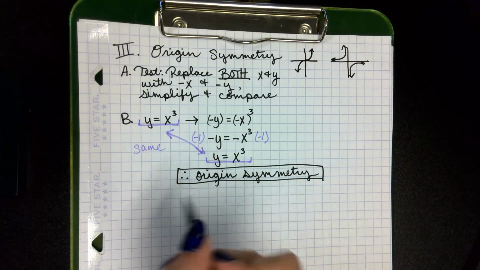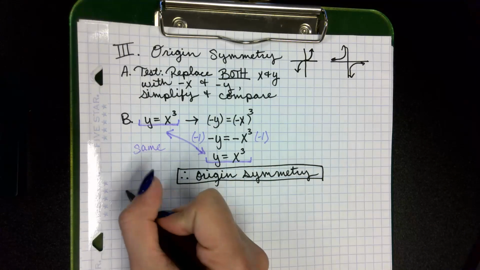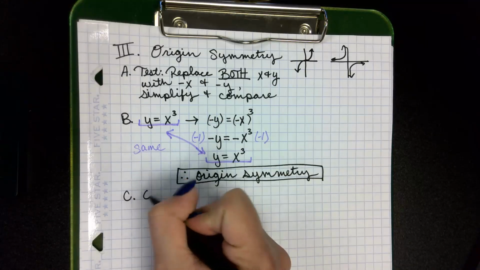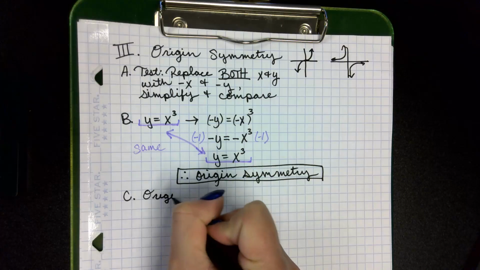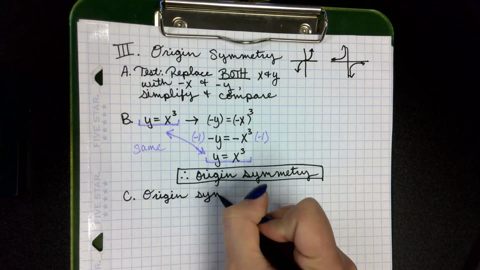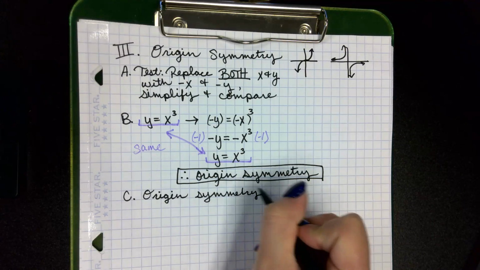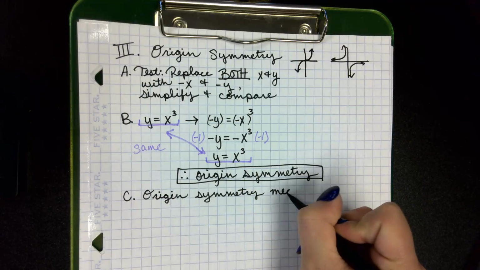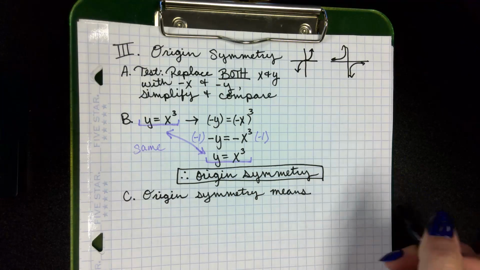And then I also have an extra note about origin symmetry. Origin symmetry means the function is odd.